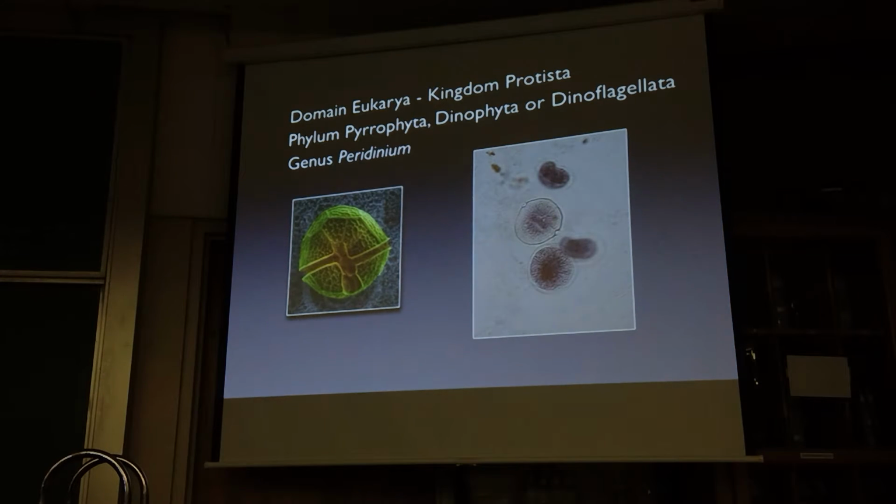Here's Peridinium. Electron photomicrograph on the left, our prepared slide on the right. As soon as I say that, I think some of our prepared slides don't show the Peridinium as just that kind of pink color. They've put some different stain on, and the walls are blue. So you may see them with blue walls.